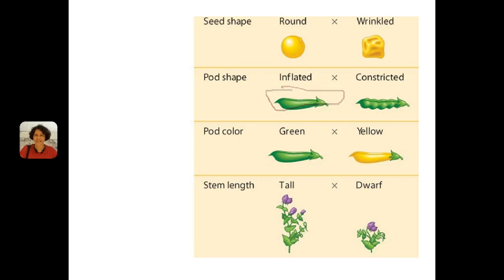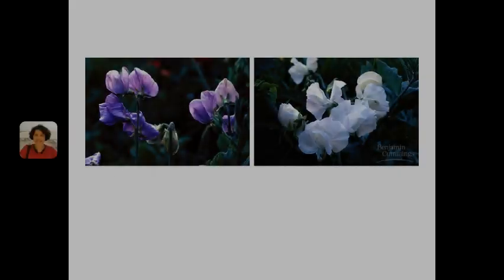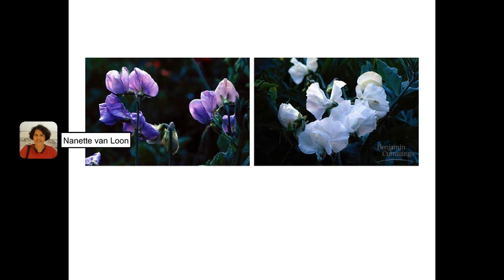You get the point. It's always nice to see an actual picture. So here we have peas with purple flowers and peas with white flowers.